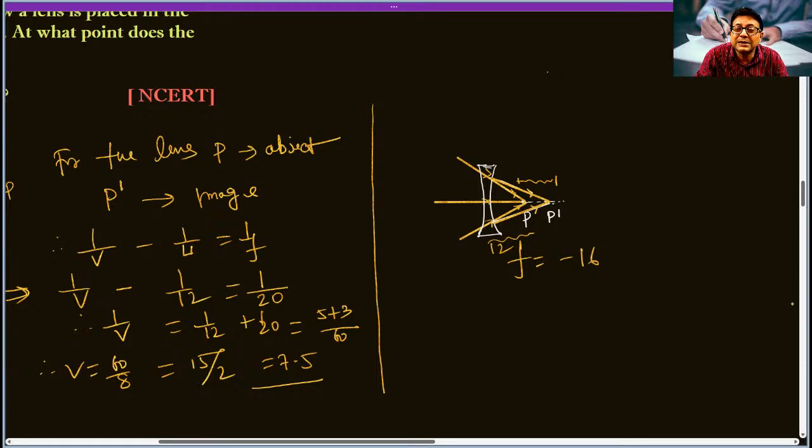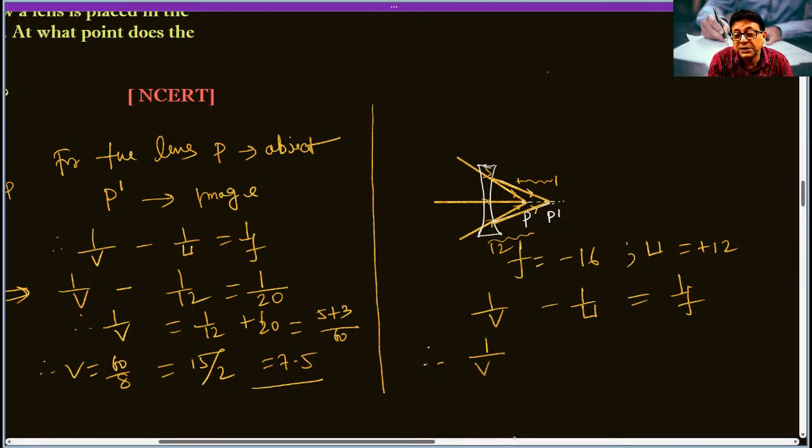So f is minus 16 and u equal to what? Plus 12, not minus. Right side, anything will be plus. Then for the lens, 1 by v minus 1 by u equal to 1 by f. You just put v, we have to find, u is positive here also, 12, and this is minus 1 by 16.